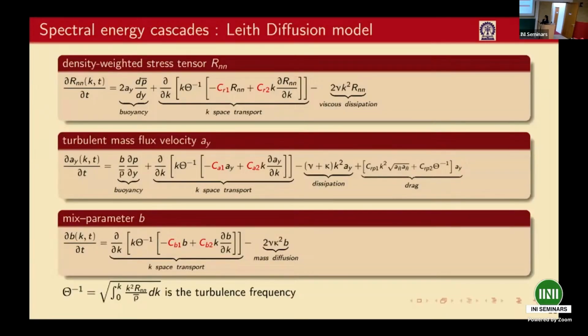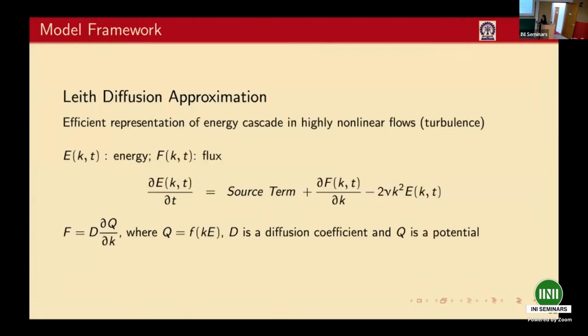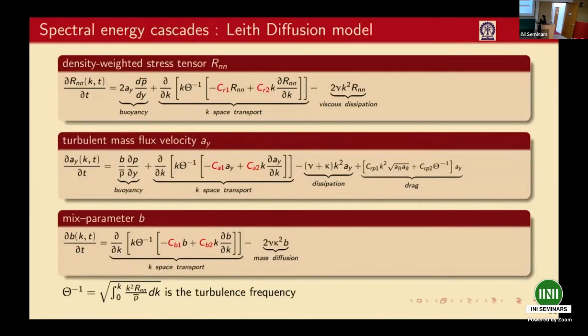So the Leith diffusion approximation states that the flux, so the model is built in spectral space, by the way. It's all written in spectral space, in K space. So the equations are all Fourier transformed, and we build the model in K space. And in K space, the approximation states that the nonlinear term can be expressed as an advection and diffusion term in K space.